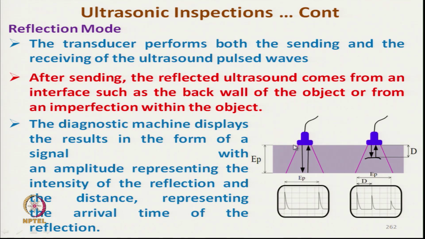Then we get a plot, and looking at the distance between these peaks we can get an idea about the presence and even the location of the damage. Suppose the location is close to one surface, then the distance will be smaller. If it is farther from the generator, then we will get it at a higher distance.